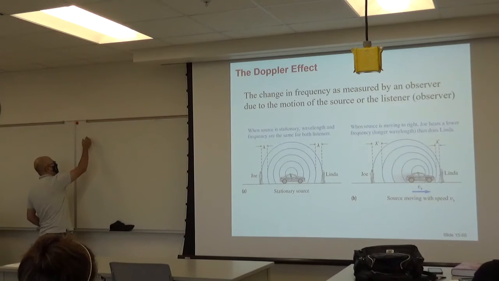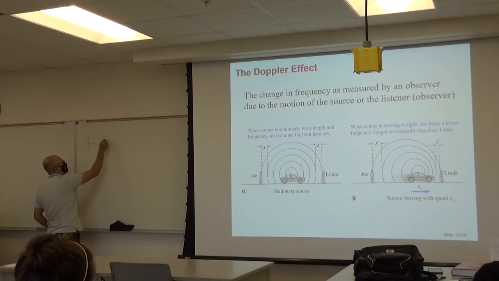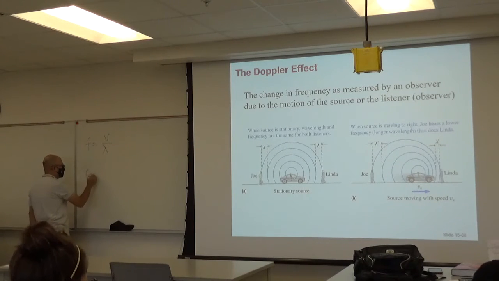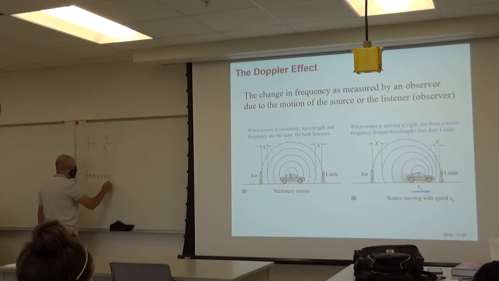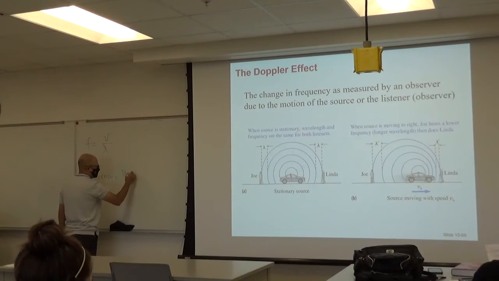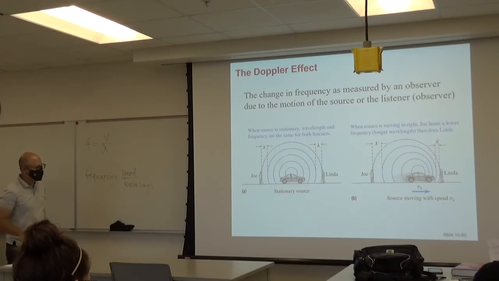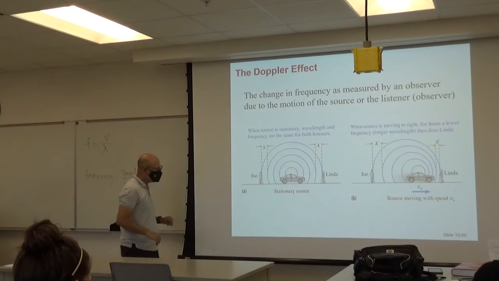So frequency is speed of sound over wavelength. Okay? So this is wavelength. So frequency is speed of sound over wavelength. This is the speed of sound, and it's constant for a particular medium.